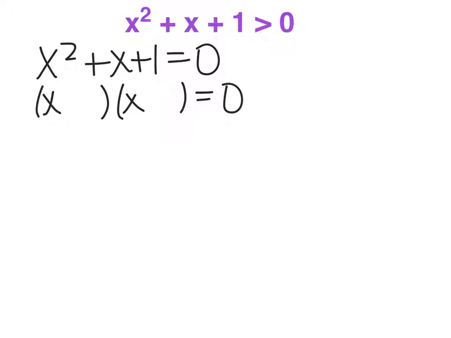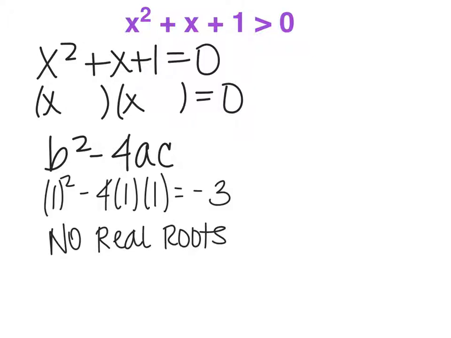So I'm going to pull out my trusted discriminant, and I'm going to plug in my values for b squared minus 4ac. What I notice when I do that is I get a negative number. So that means that there are no real roots. That doesn't mean that there aren't roots to this function, it's just that they aren't real. They're not going to touch the x-axis.